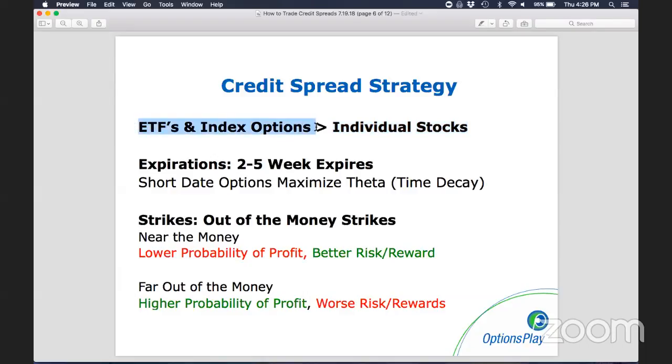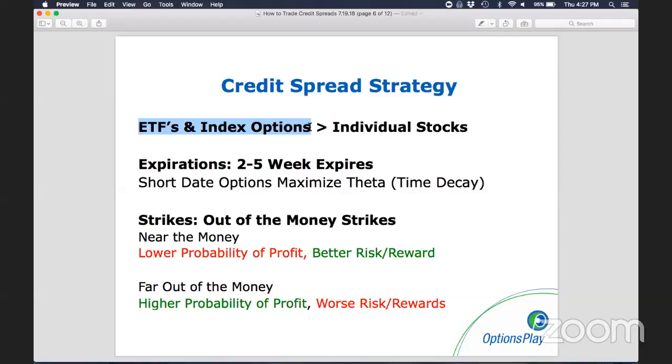However, with an ETF or index option, that happens less often, because an ETF or index by design diversifies that single stock risk away, so that no matter what single event happens to a single stock, its impact to the overall ETF or index is relatively small. So you generally don't have jumps, and they're not as susceptible to news and events like product launches. That's why, generally speaking, credit spreads are better utilized on indexes and ETFs versus individual stocks.